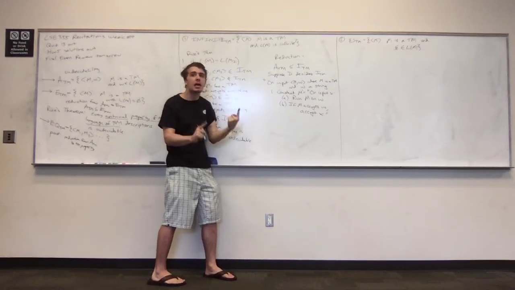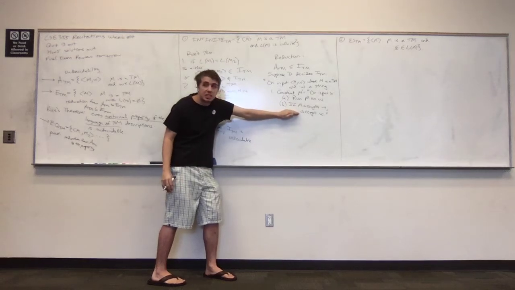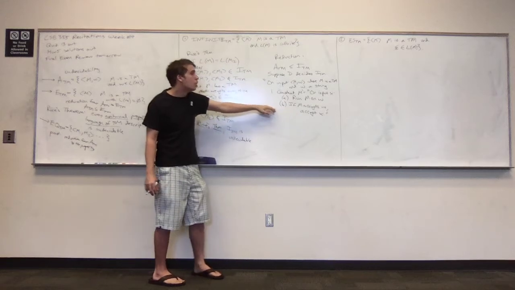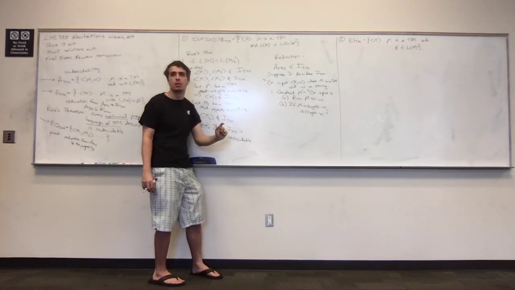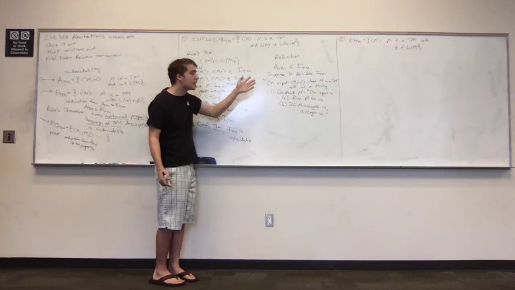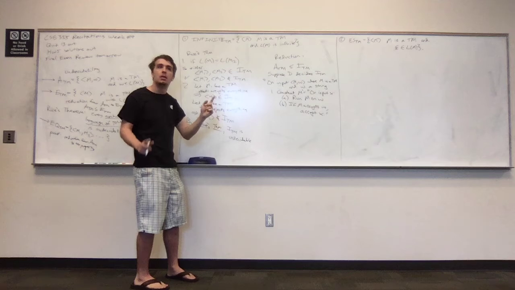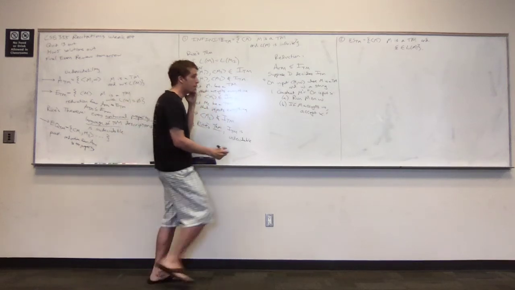If M does not accept W, well, could I ever get to this accept X down here? No. So what is the language of M prime if M does not accept W? It must be the empty set, right? Because there's no way to accept anything otherwise. So it's either empty set or sigma star, depending on behavior of M.